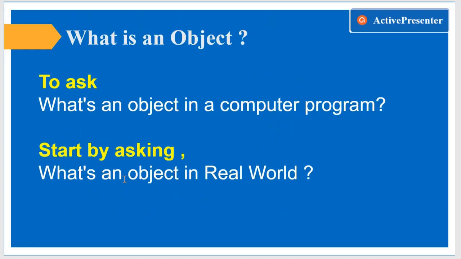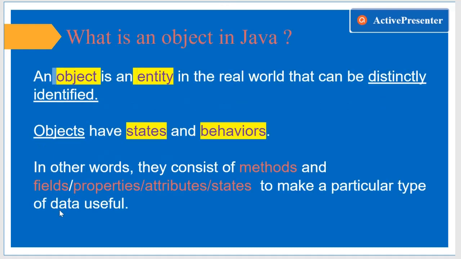So, what is an object in a computer program? Before knowing that, what is an object in the real world? An object is an entity in the real world that can be distinctly identified. You and I are both human, but we are distinctly identified.